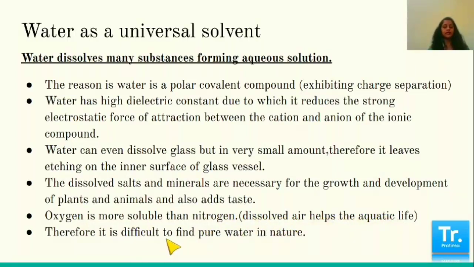Therefore, it is difficult to find pure water in nature. So there are so many points which you can add up and write a beautiful answer. Why can't we find pure water in nature?